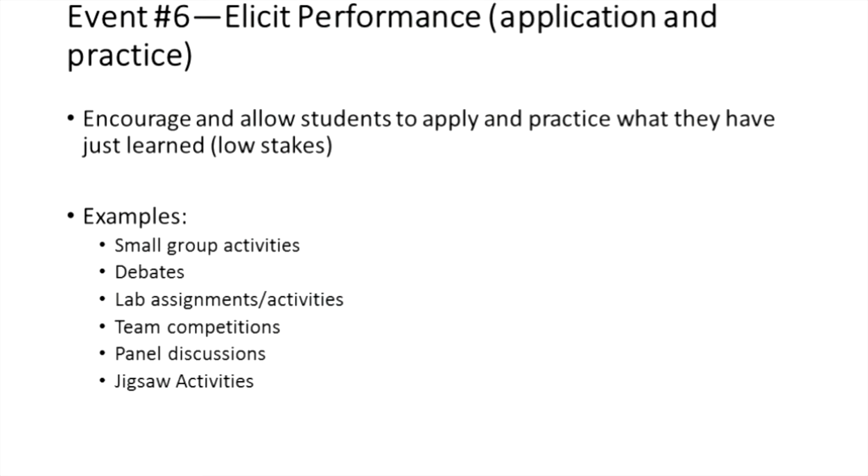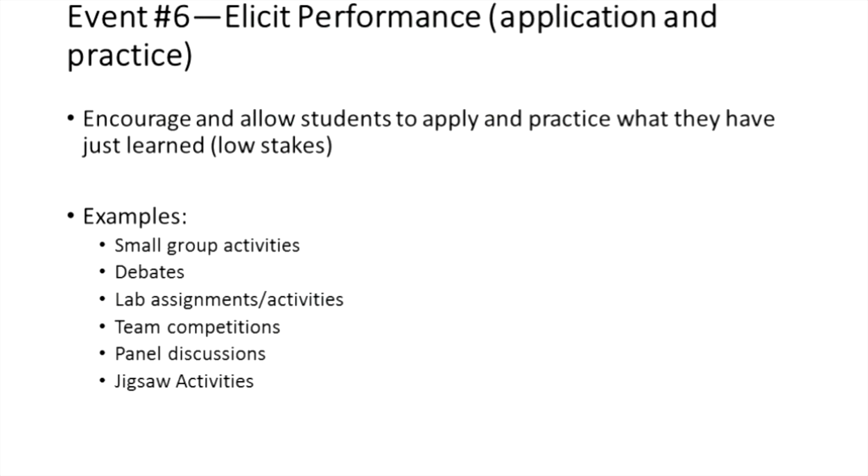All right. Event number 6 is for eliciting performance. So this is application and practice. You want to encourage and allow your students to apply and practice what they've just learned. So these would be sort of low stakes assignments and activities. This might be part of a participation grade as opposed to a quiz grade or a test grade.